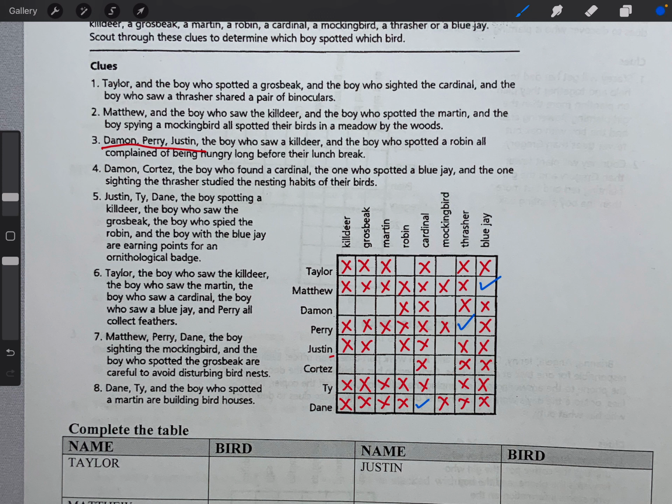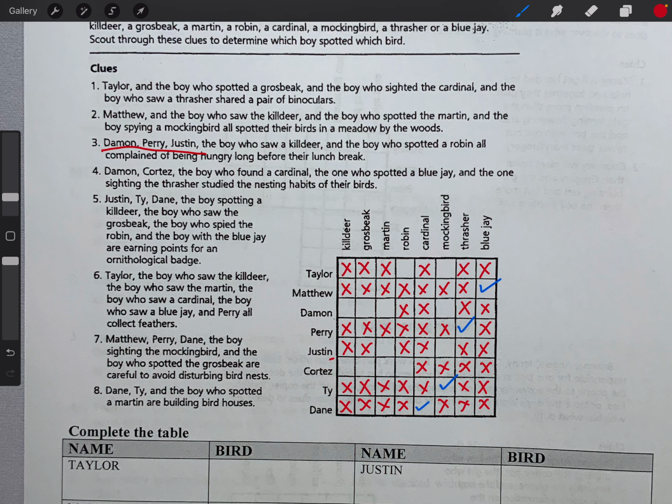Oh, yep, I see it. That's true. This will be true. This will be true. Oh, great. Now which one is which?